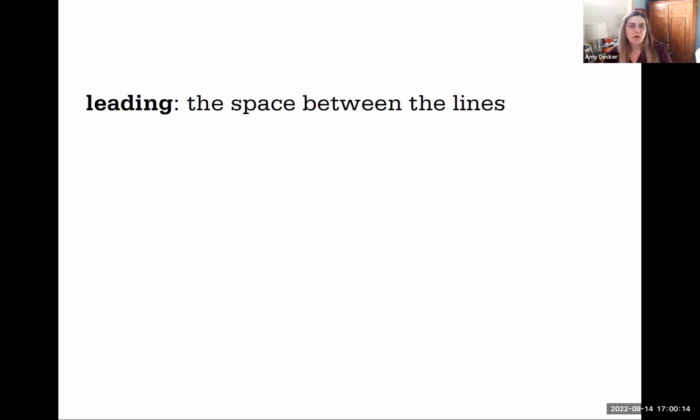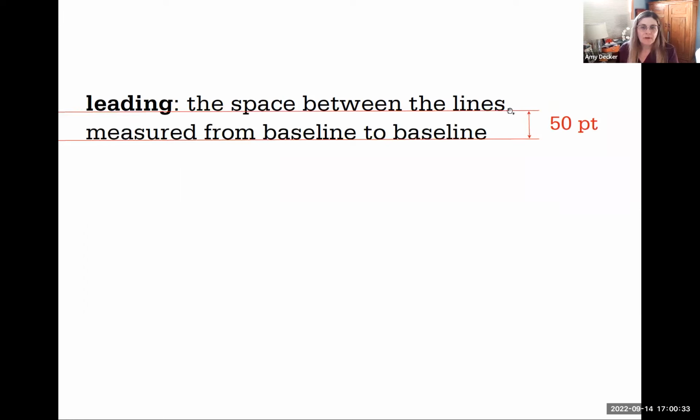All right, so more about spacing. And we're going to look at leading, which is the space between lines. So from baseline to baseline is how we measure leading.